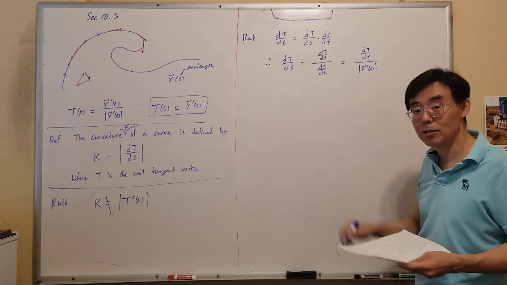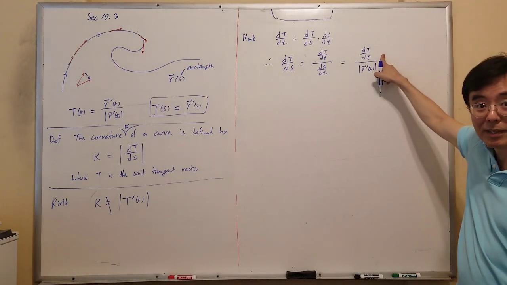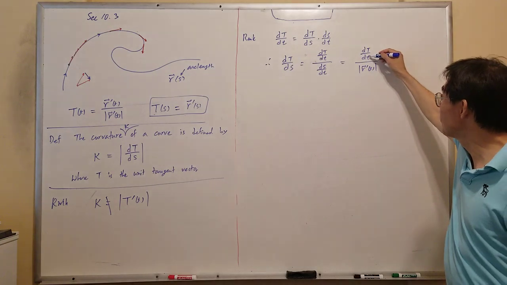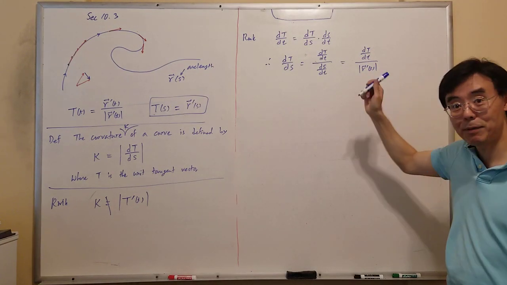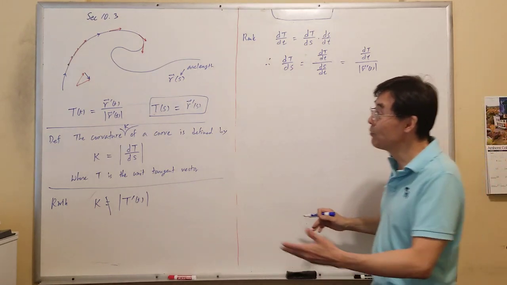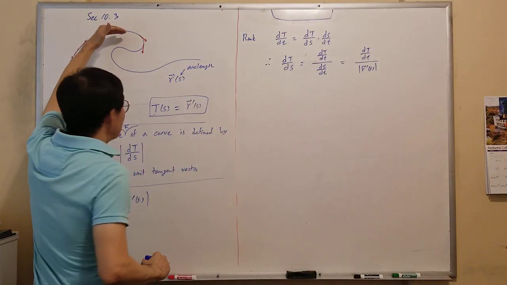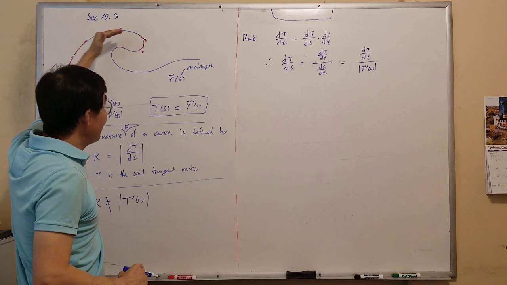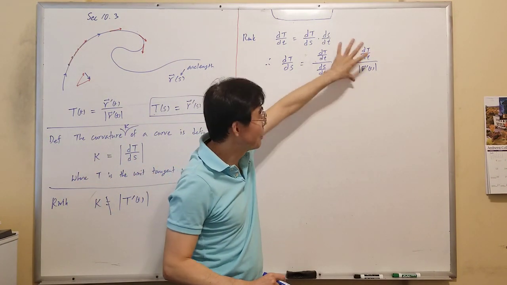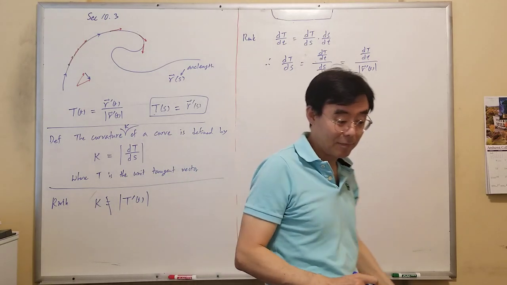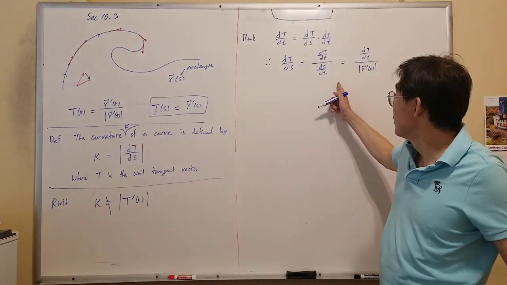Right? Speed function. Now this makes sense: you find the rate of change of the unit tangent vector and then divide by the speed. You are adjusting. If you got a large rate of change only because you go fast, you will have to divide by your fast speed. So it'll adjust, right? So this is great.